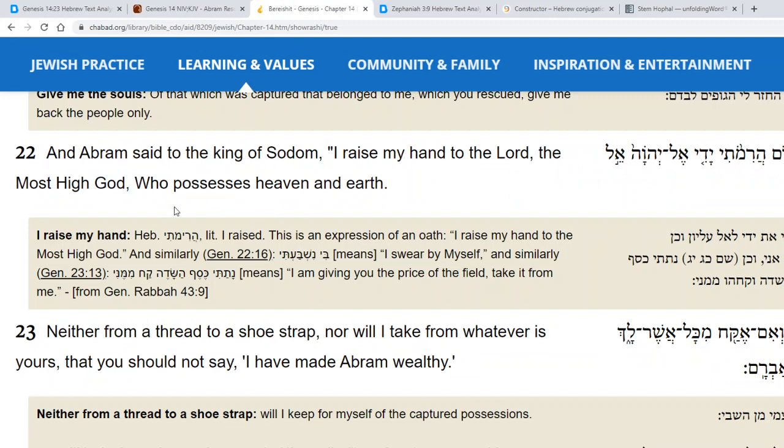Let me see. And Abram said to the king of Sodom, I raise my hand to the Lord, the Most High God. I'm not sure why they put it in the present. Harimoti. I mean, it is in the past tense, but who possesses heaven and earth?